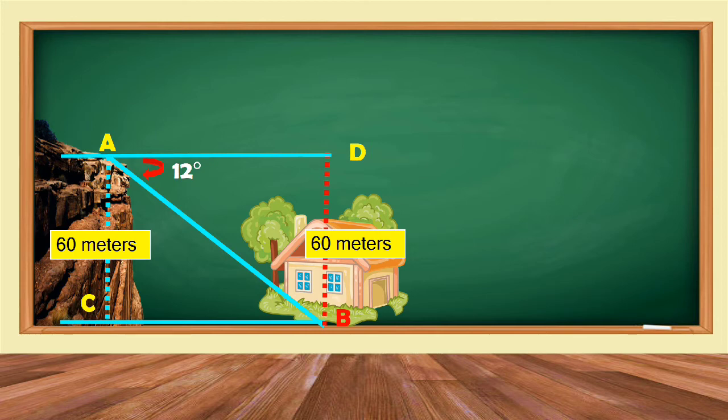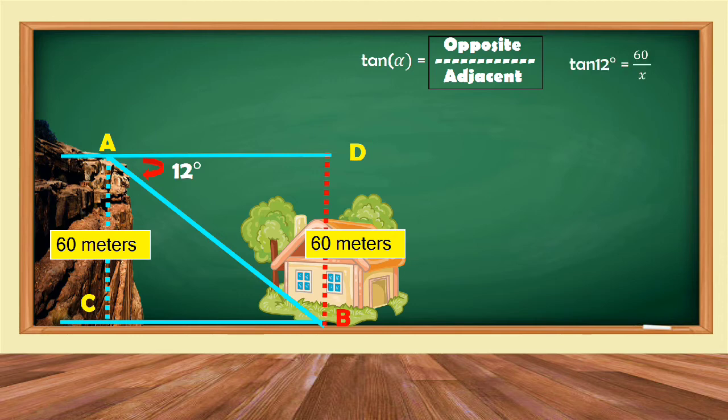Since the angle of depression is given and its opposite side, we may use tangent. So tangent is equal to opposite over adjacent. That is, tan 12 degrees is equal to 60 meters, which is the opposite side, and we represent the adjacent side as x, since it is missing.